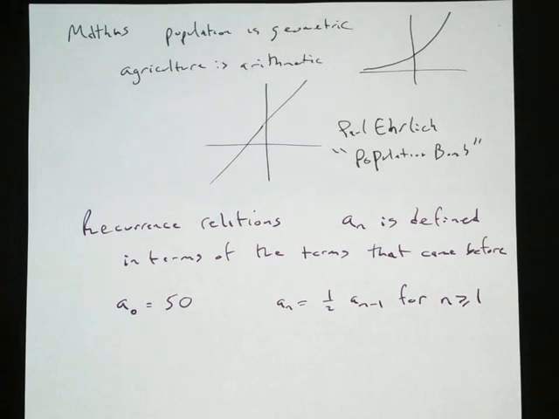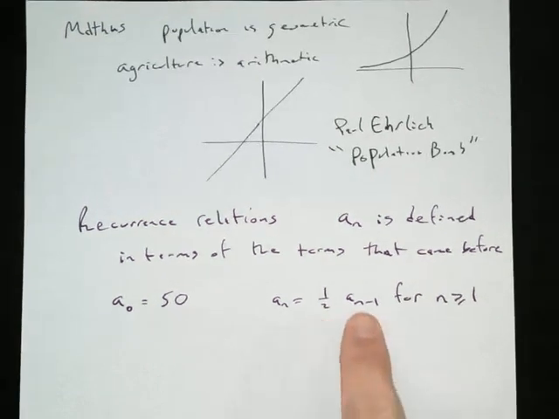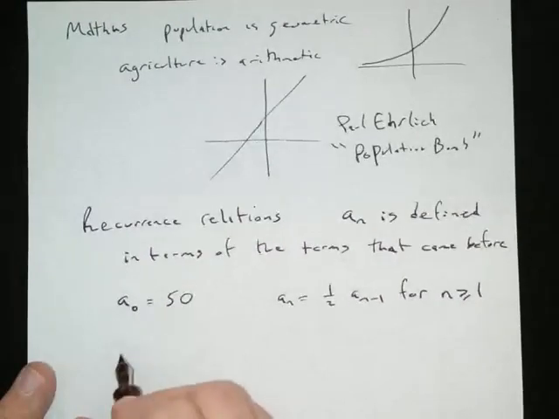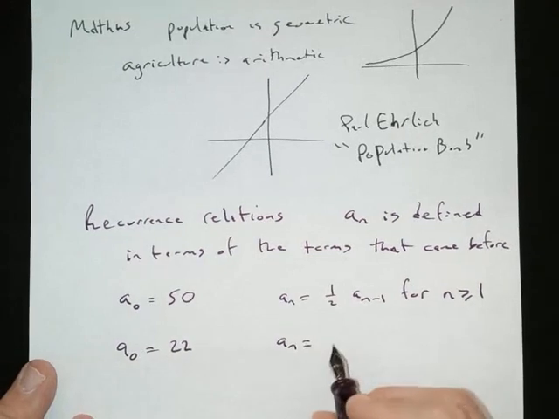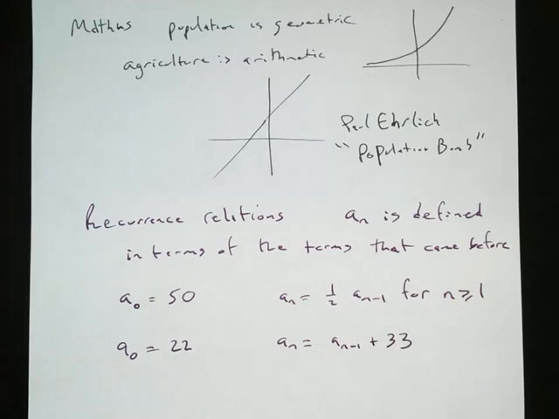We started with 50 because that's the number Quentin gave me. And then I multiplied by a half each time, right? I took each number and I said that is half the number that came before it. My arithmetic sequence: start with 20 and add 33.